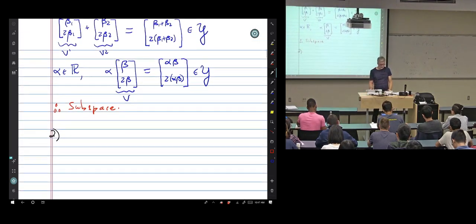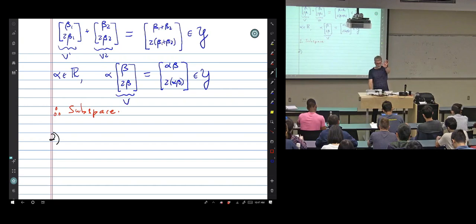So I could have functions whose derivative is 0. Okay, that's my subset. Is that a subspace? If I add two functions whose derivative is 0, is it once again a function whose derivative is 0?